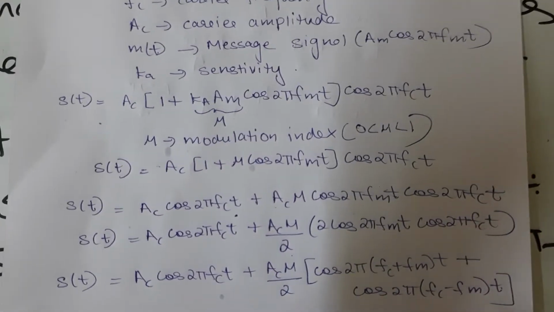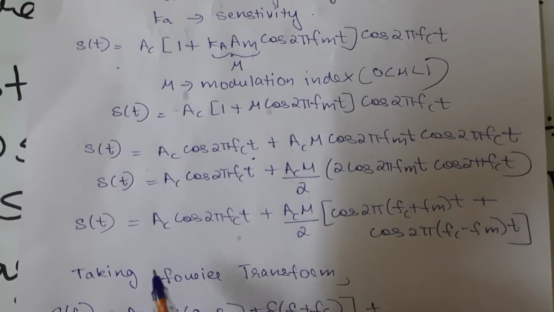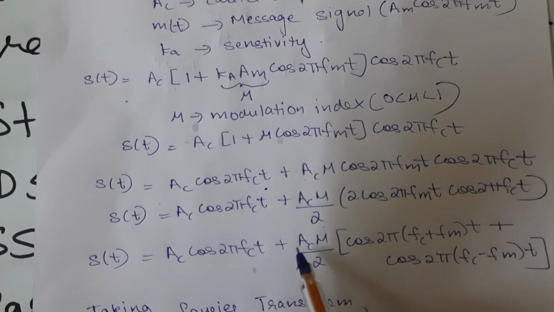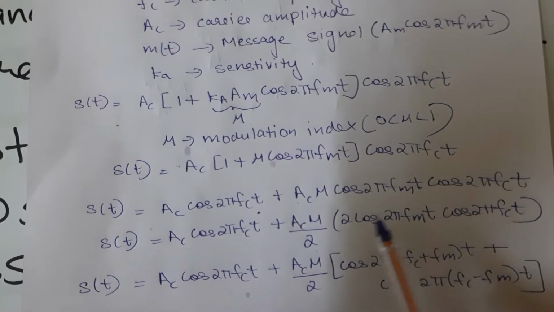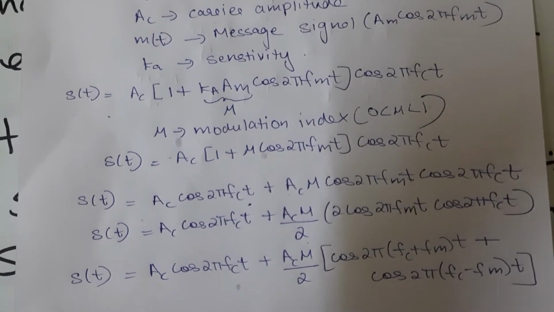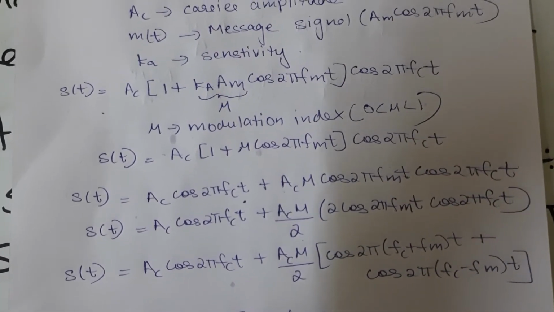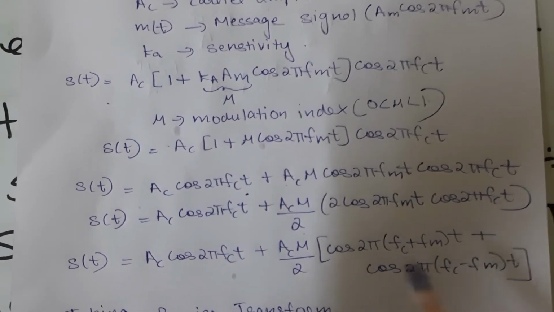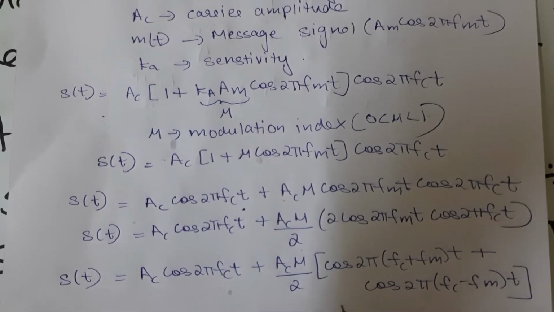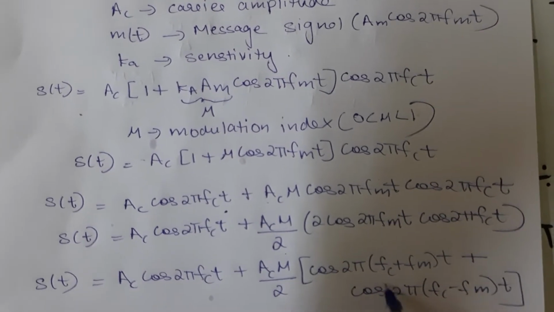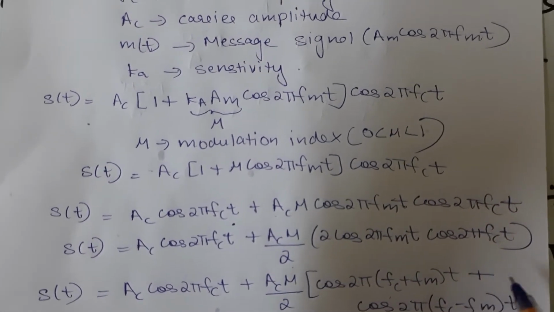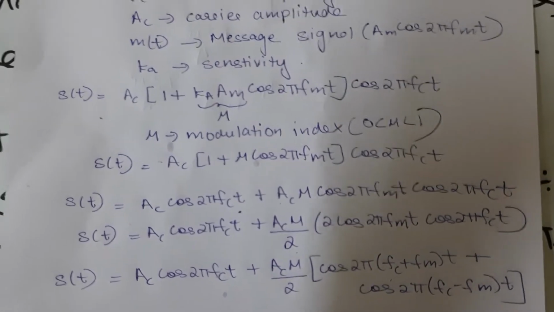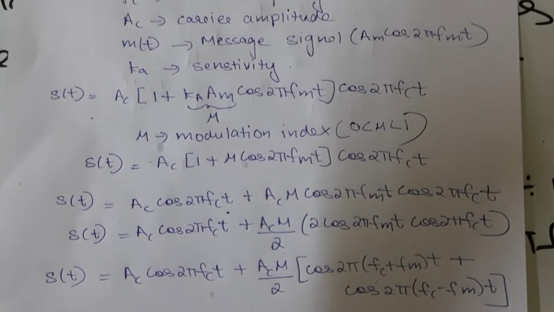Now s of t is equal to Ac cos 2 pi fc t plus Ac mu by 2 into 2 cos A cos B, and the formula is nothing but cos of A plus B plus cos of A minus B. Now I will write using that identity: cos 2 pi (fc plus fm) t plus cos 2 pi (fc minus fm) t. I hope this much is clear.